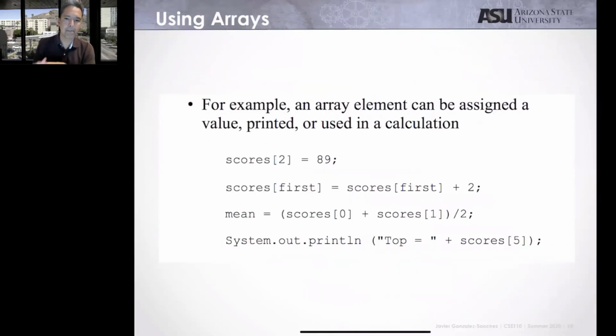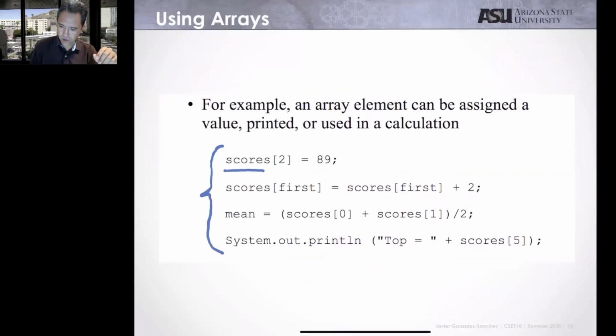Now, examples. Do we understand what is happening there? Scores is an array.